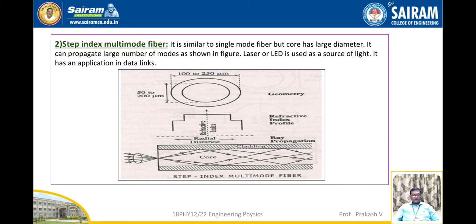Here also the refractive index of core material is uniform, and that of cladding material is also uniform. Because of the larger diameter of core, it allows multiple signals to propagate. If you look at this picture, more rays undergo total internal reflection. That's why it is considered a step index multi-mode fiber.